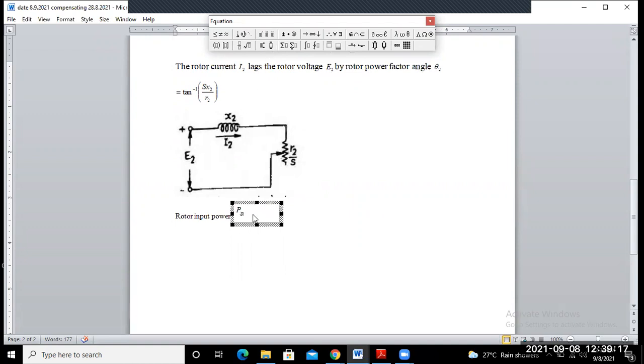So how can we write the power in an AC circuit? As you know, it is the product of voltage, current and power factor.